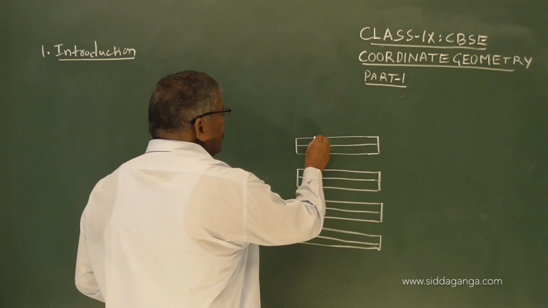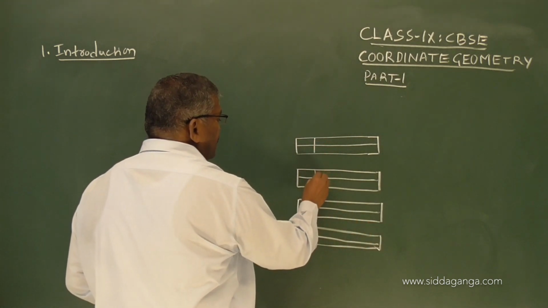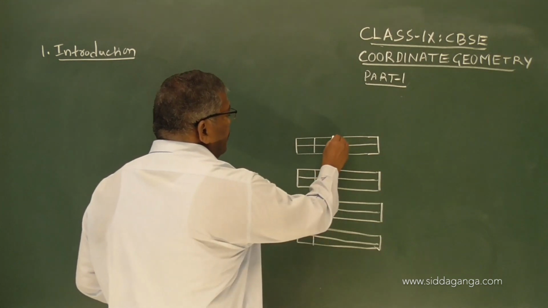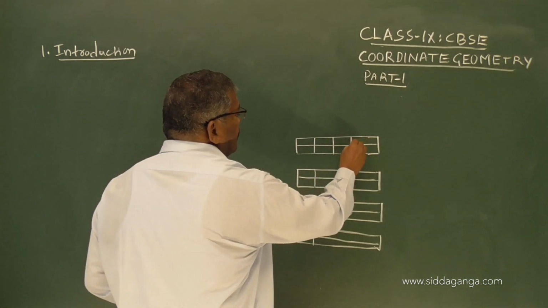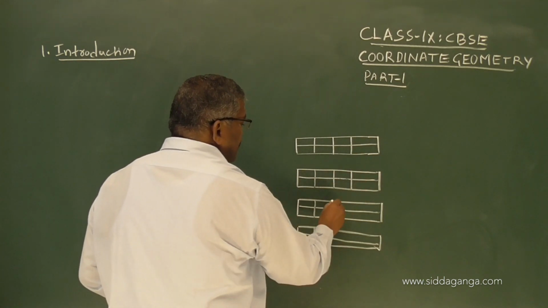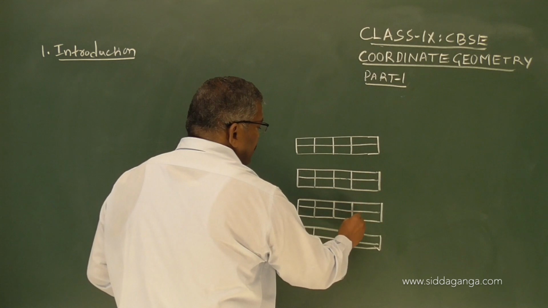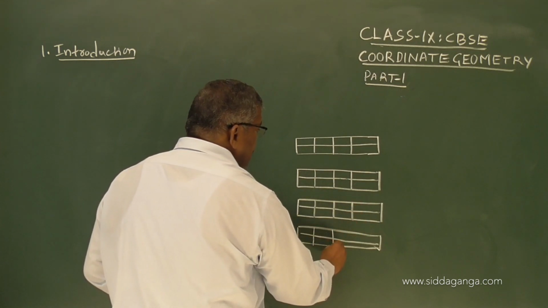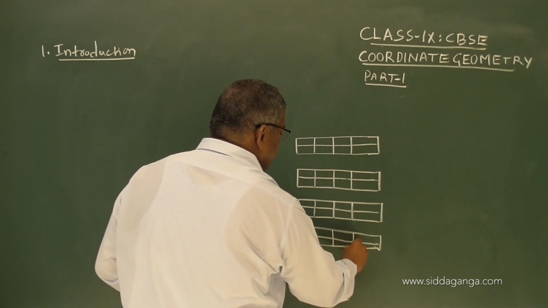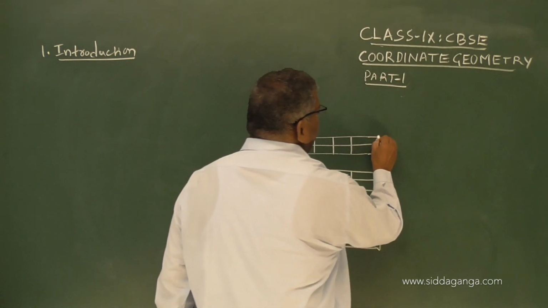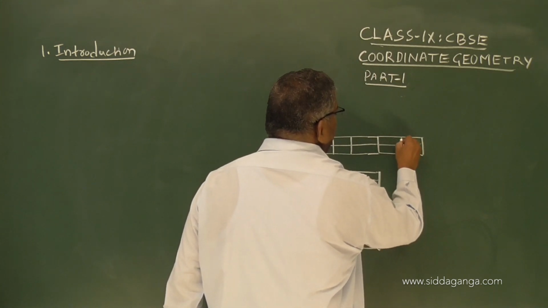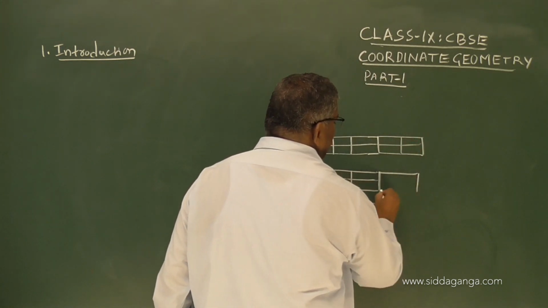Now suppose if I draw lines like this, you please carefully observe what I am saying. This is how a residential colony is constructed. Each of these rectangles will represent a site. I will extend this further, say it is like this.